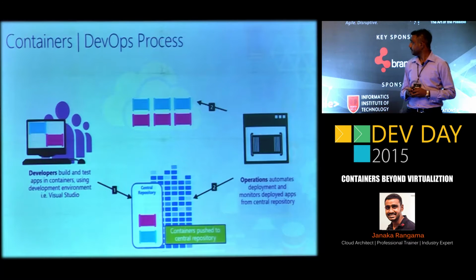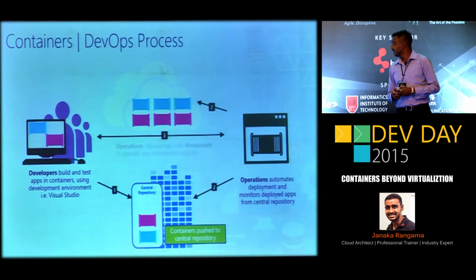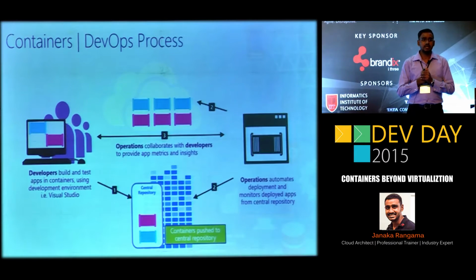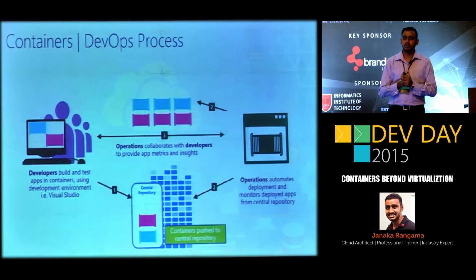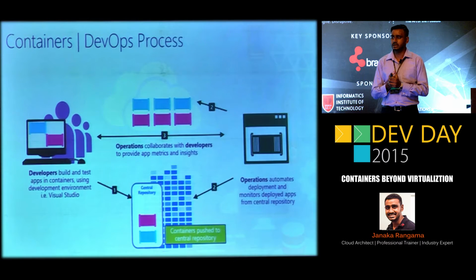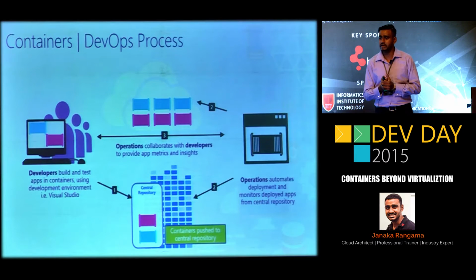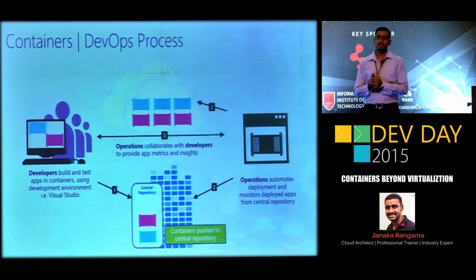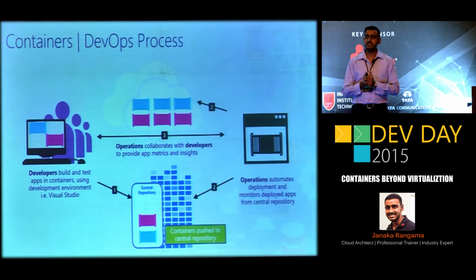And then the operations guys can use it to deploy the applications into the containers. So here we are talking about saving resources. Say you have 10 applications that are compatible with the container method. You can maybe use one physical server to deploy that, where you used 10 servers previously, or maybe 10 virtual machines.